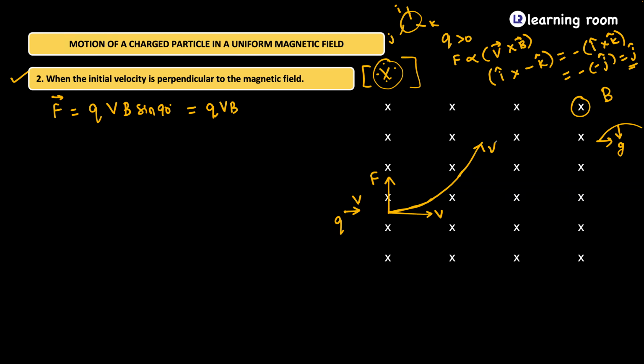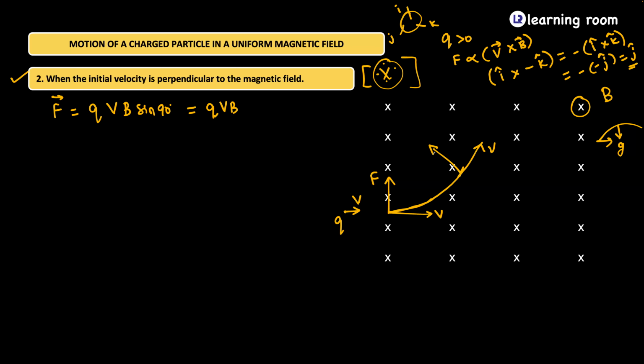Velocity is always tangential to the path. We know that velocity and force should be perpendicular to each other. In this scenario, the force will start acting in this direction because it is acting inward to this curve. Initially it acted inward, here also it acted inward only. Okay, that is one way. Or else you can apply Fleming's left-hand rule and check it. So what are we supposed to do?